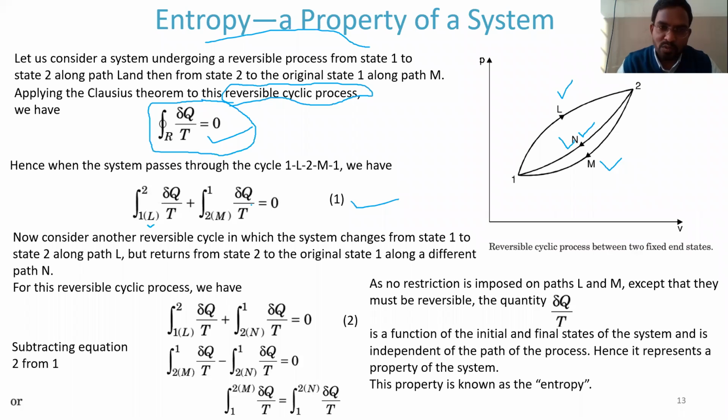Now similar equation will be there for the second process, that is 1 L to N 1, means when it returns through path N. This one we already have written for M, so next one we are going to write for N. So relation will be 1 to 2 through path L dQ by T plus 2 to 1 dQ by T through path N, and that addition is going to be equal to 0.